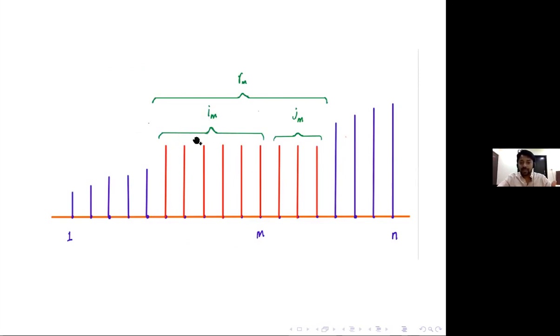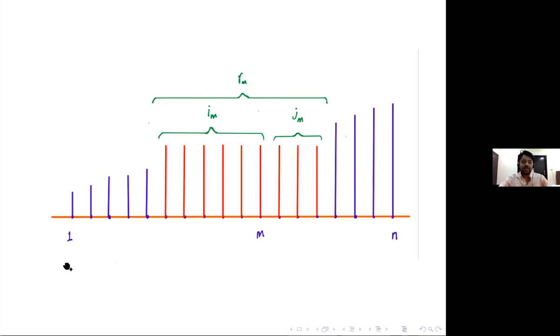So Im is the number of indices to the left of m, including m, and Jm is the number of indices to the right of m, not including m, that are equal to the m-th symplectic eigenvalue, and Rm is the sum of Im and Jm, which by definition is the multiplicity of the symplectic eigenvalue.